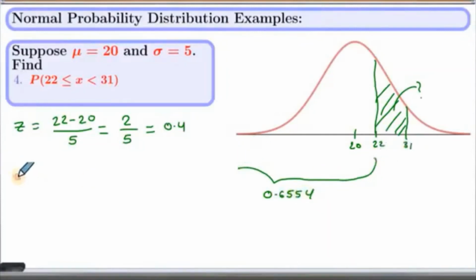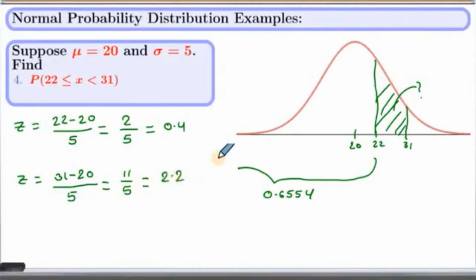Now let's find the area to the left of 31. For that, we can use the z-score, which is 31 minus 20 over 5. This is equal to 11 over 5, which is equal to 2.2.